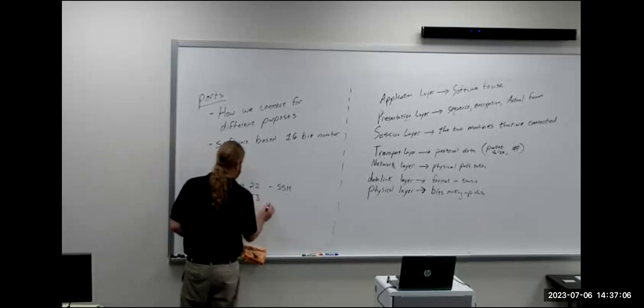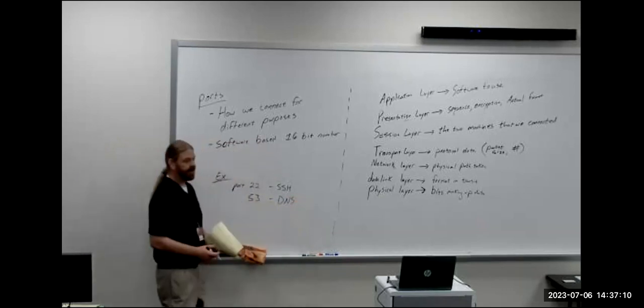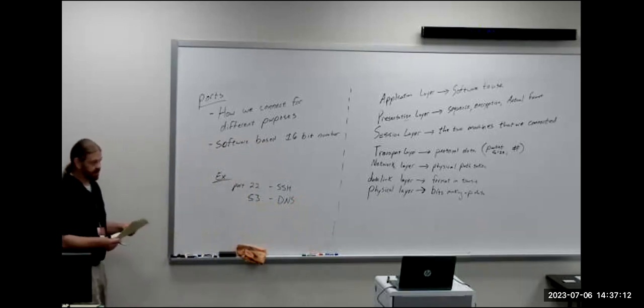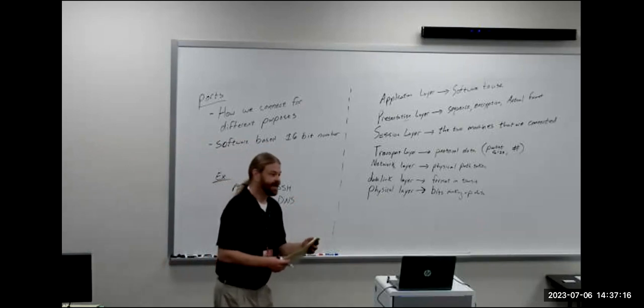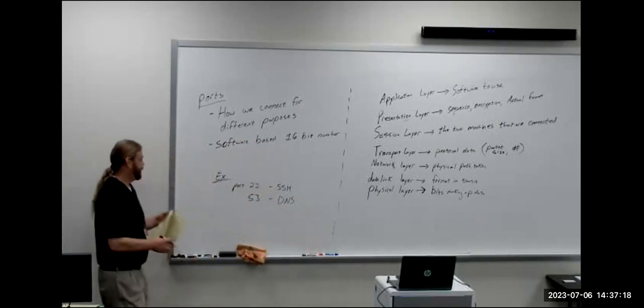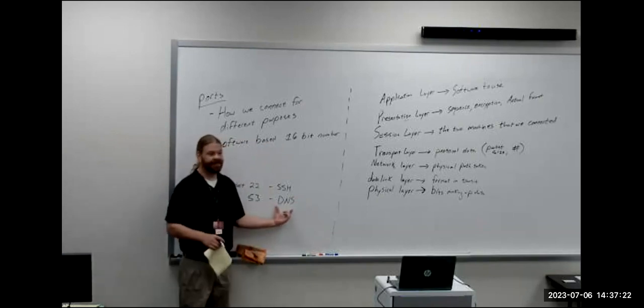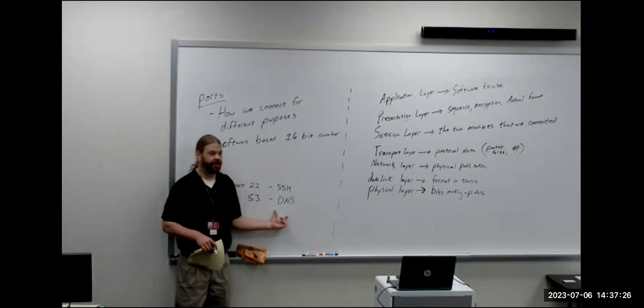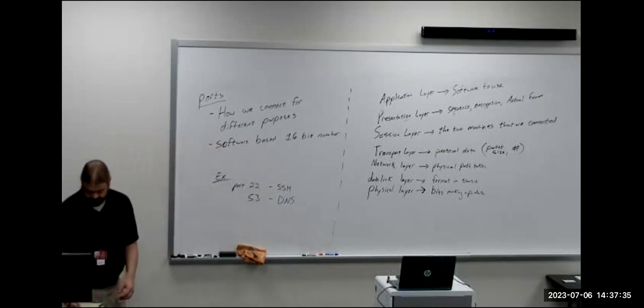Port number 53 is for domain name services. We're talking about IP addresses, which are just sets of numbers, which is how the machines know about each other, but not very useful for humans. We would never keep track of them to access different things.